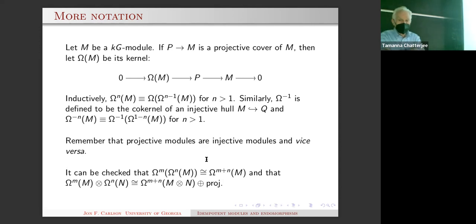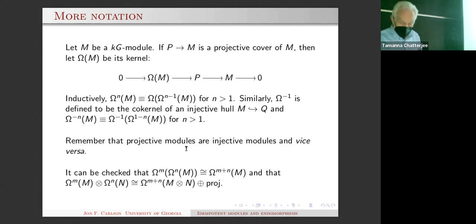So these omegas turn out to be sort of the terms in a projective resolution, not the terms, but the images of the boundary maps in a projective resolution. You can also do an injective resolution. We call this omega inverse. And we can get away with all this because this is a self-injective ring. Projective modules are injective and vice versa. So we get away with all that.